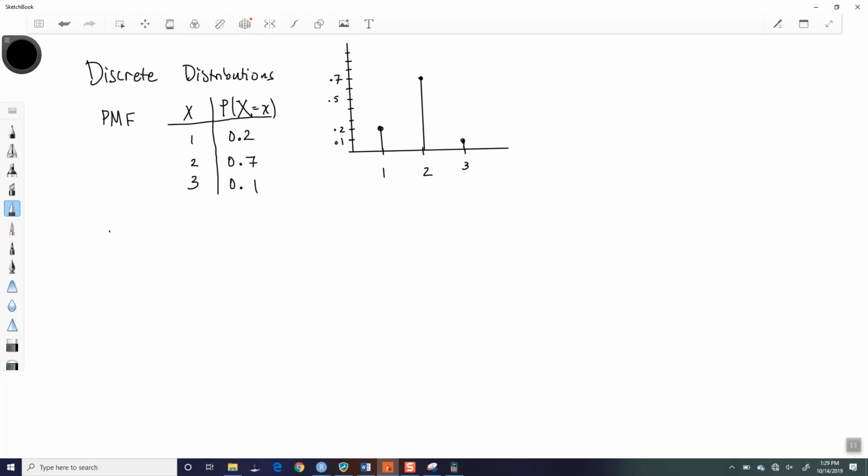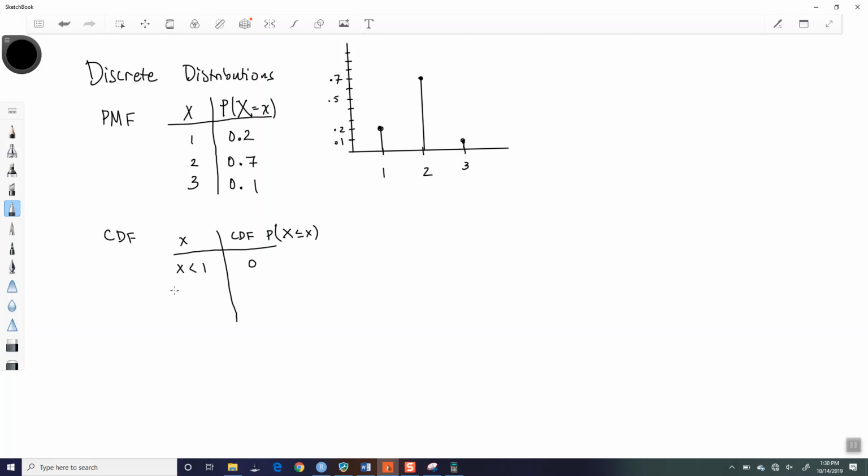All right, what does my CDF look like? It's the cumulative distribution function. So this is basically the probability that X is less than or equal to x. All right, so first I have to start off with anything less than 1 has a CDF of 0.